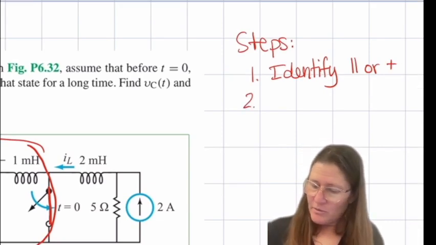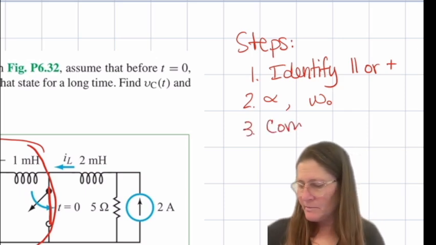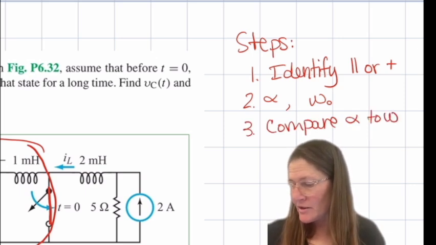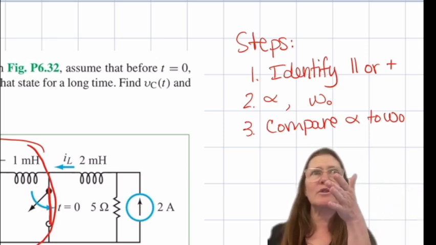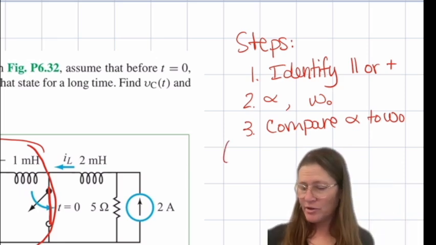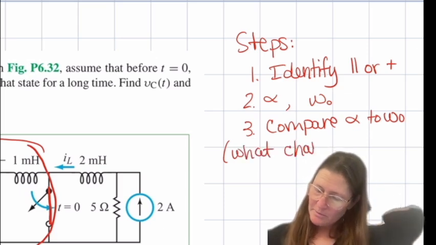And then from there, find alpha and omega naught, and then compare alpha to omega naught, and this will then determine if it's critically damped, underdamped, or overdamped. So identifying which characteristic you have.